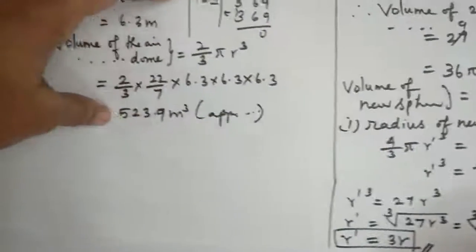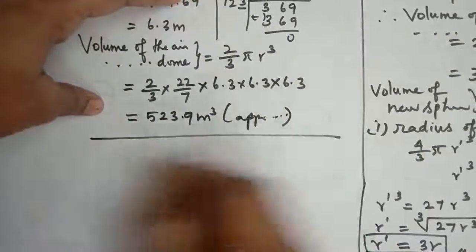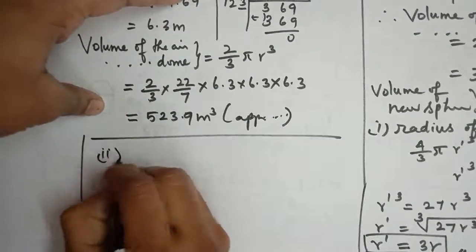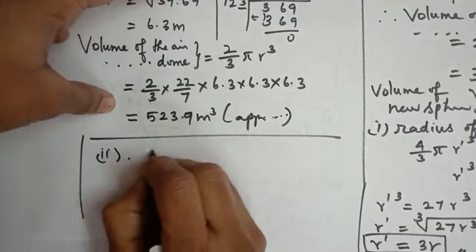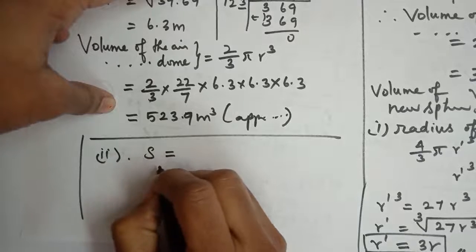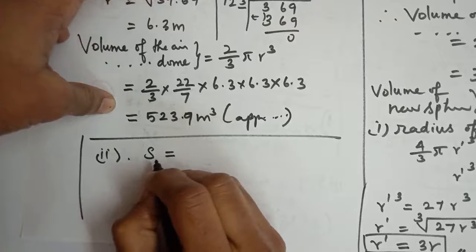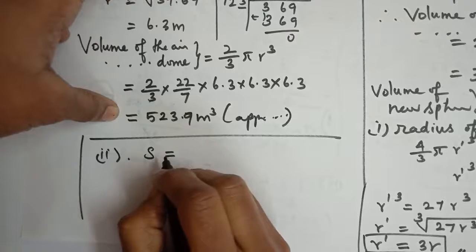Okay students, second subdivision, listen. What is that? We have to find the ratio of S and S dash. What is S? S means surface area of the sphere. What is the surface area of a sphere?